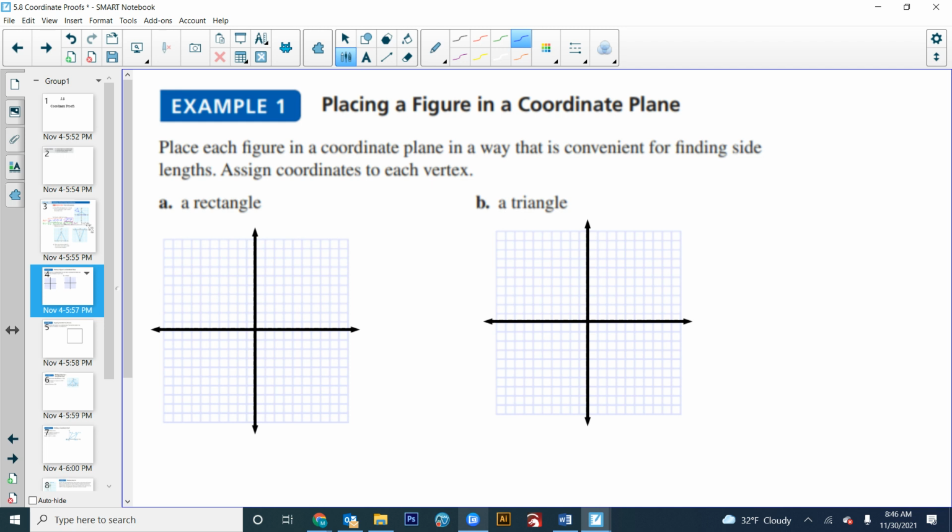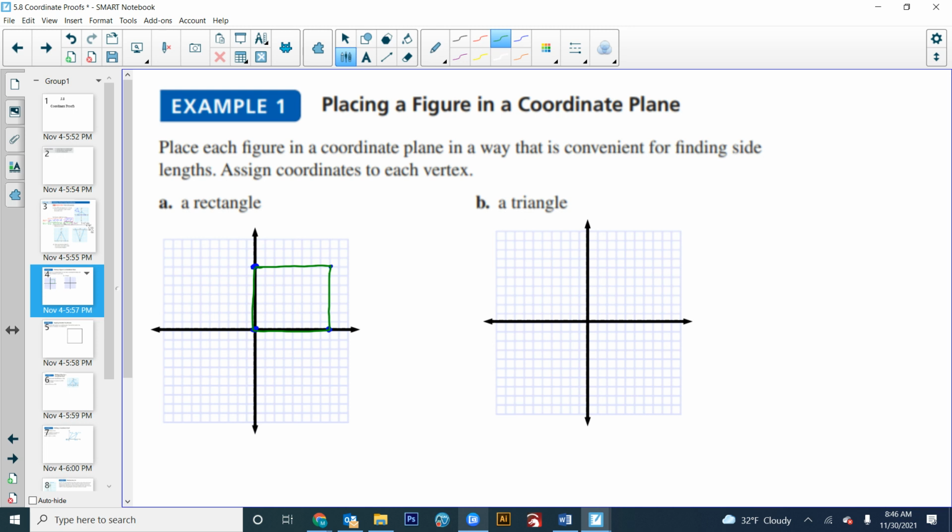So maybe a point there, a point here and a point here. Do you agree using both axes would be a convenient way to place this rectangle? Why is that? Well, you have made some of the values in those points 0.